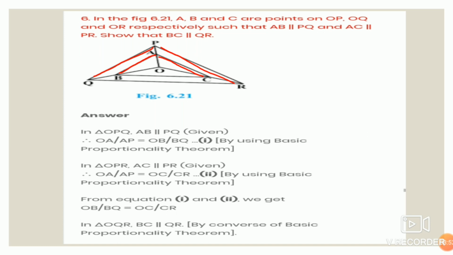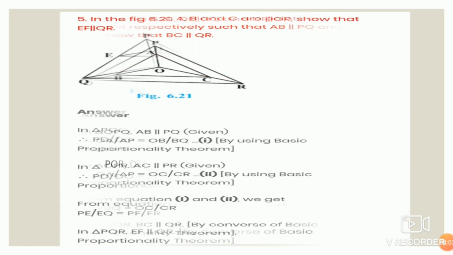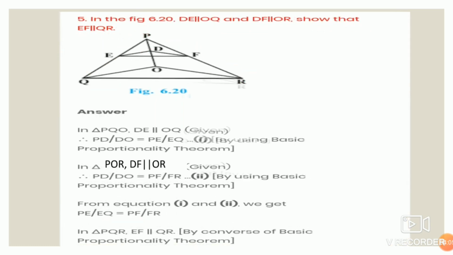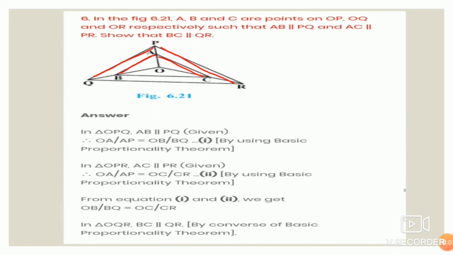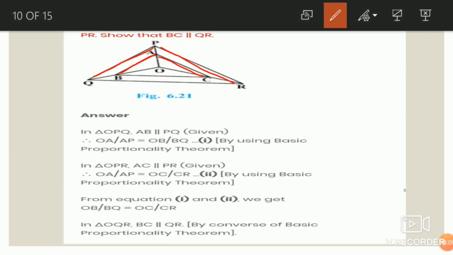OA by AP is common to both the equations. Therefore, we can ultimately write that OB by BQ is equal to OC by CR, comparing equation 1 and 2.